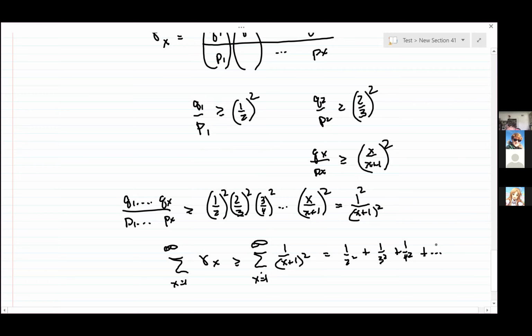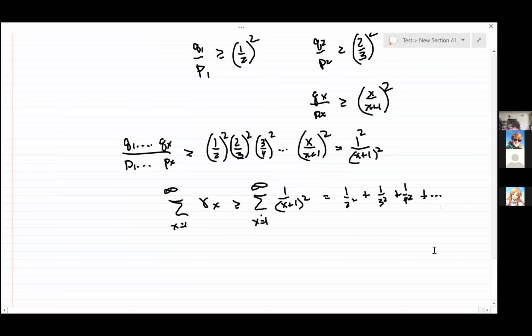If you say you don't know, fair enough, but look it up. If you look it up, what will you find? This is an example of a p-series, where p is 2. And it's known in general that if you add n to the p, this will converge when what? p is bigger than 1, and diverges when p is less than or equal to 1.